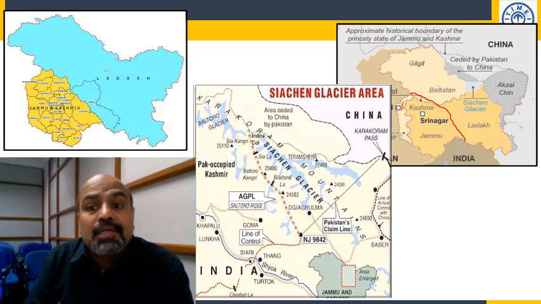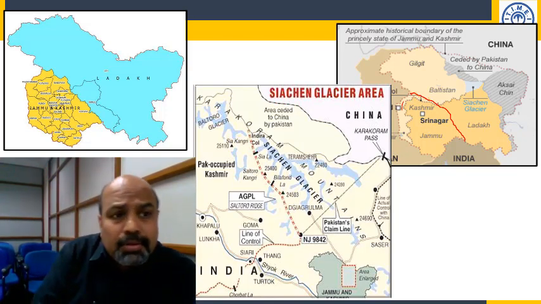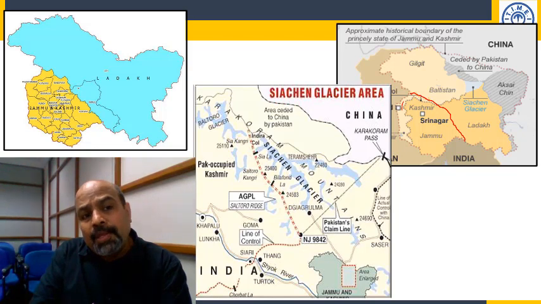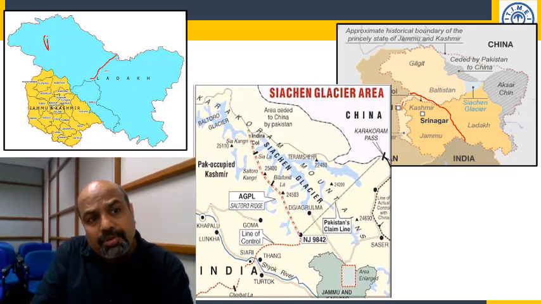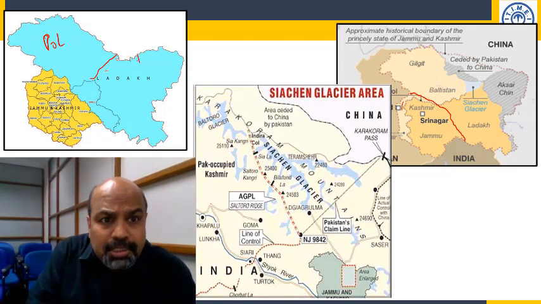Our territory is under Pakistani control. If you look at Ladakh, this part is occupied by what we call Pakistan. This is POL, Pakistan Occupied Ladakh. This portion you can see here is occupied by China.